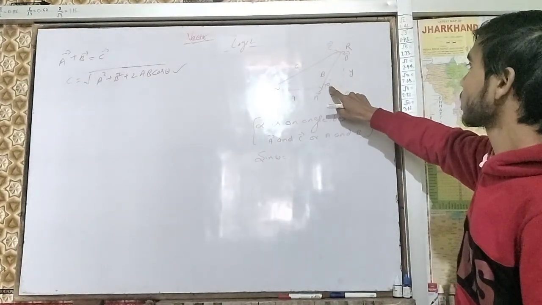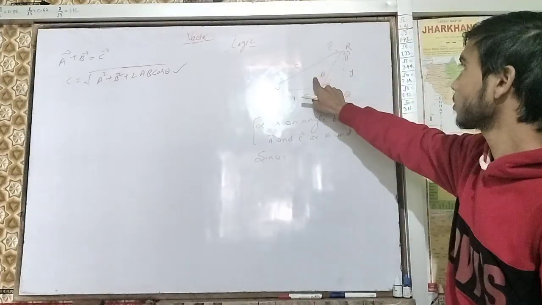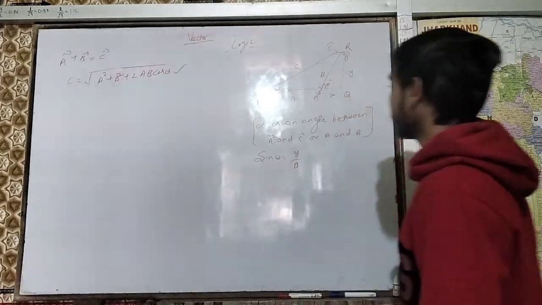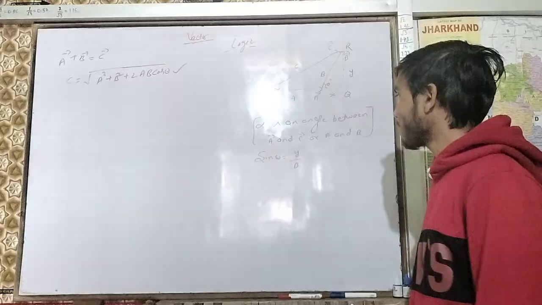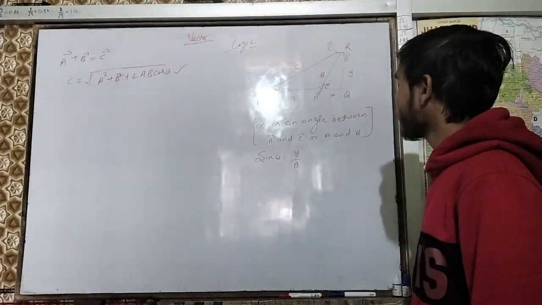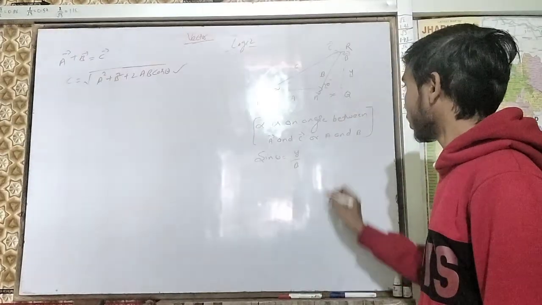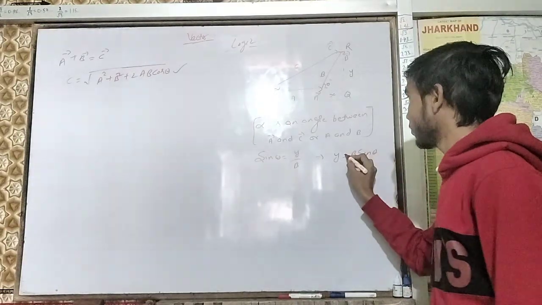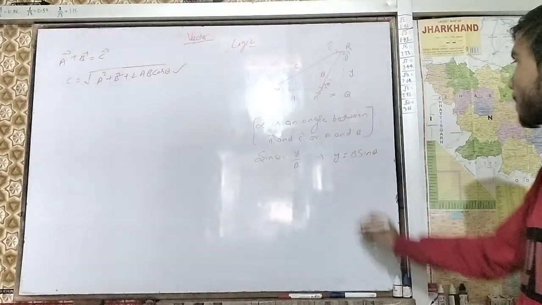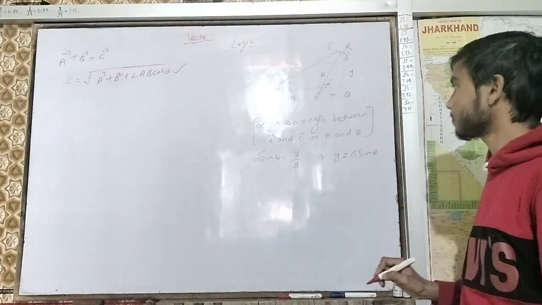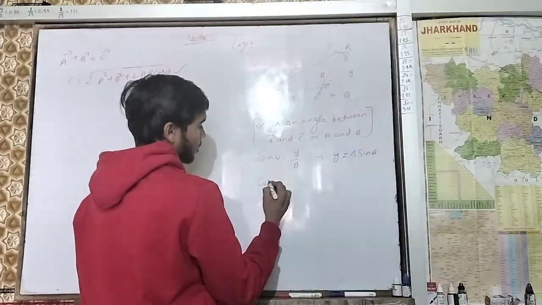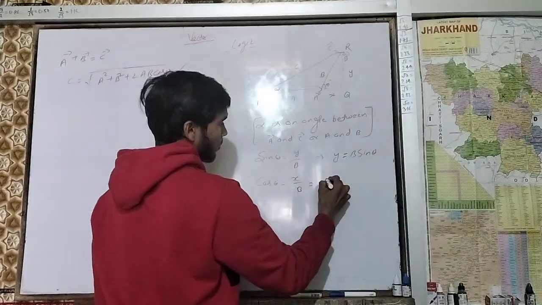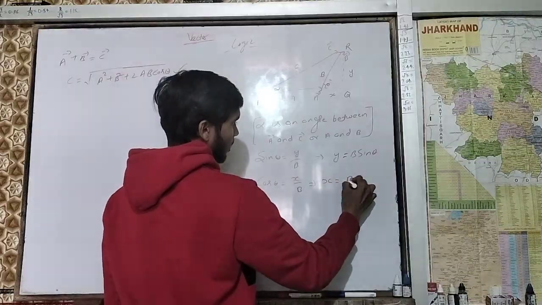So sin theta is equal to y upon B, so y will be B sin theta. Next, cos theta would be x upon B, so x is equal to B cos theta.